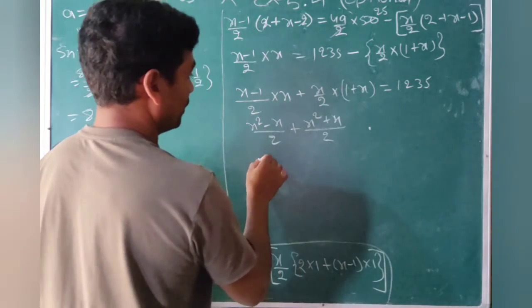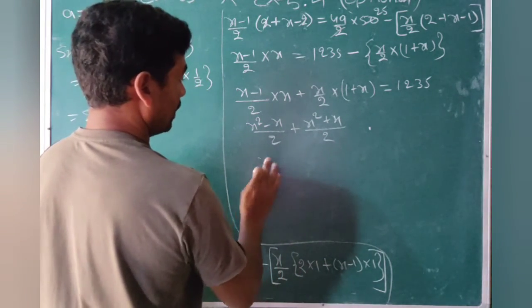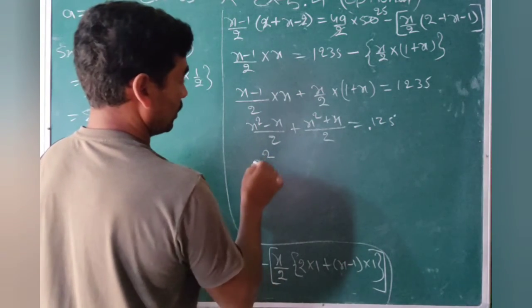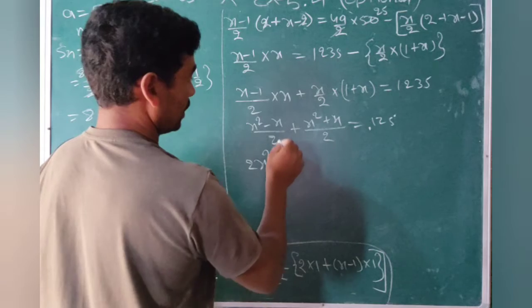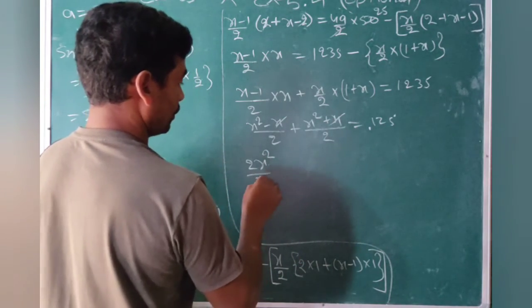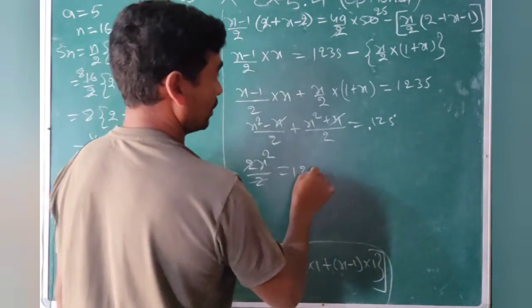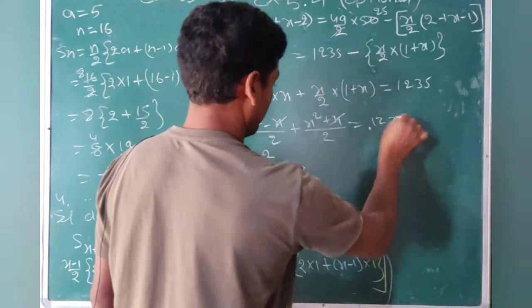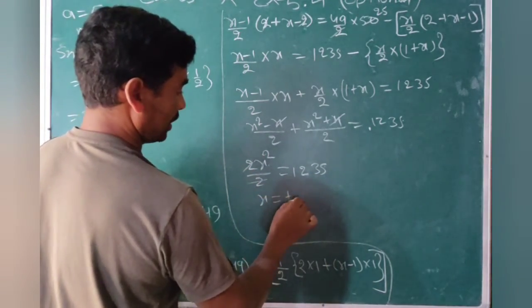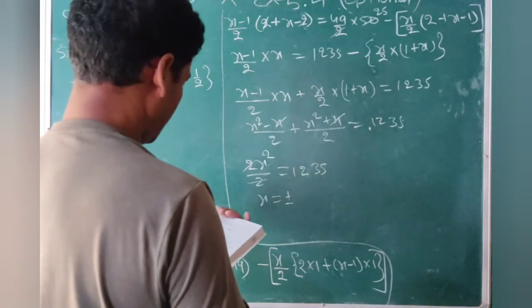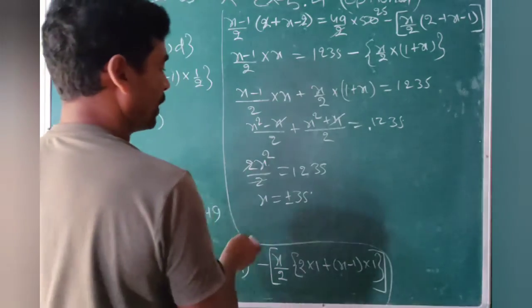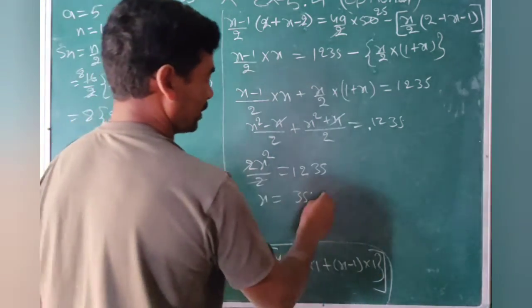So by the adding, that will be 1225. So 2x square upon 2, cancel by 2, so x square is equal to 1225, so that x is equal to plus minus 35, or we know that x value is in plus, so obviously that will be plus 35.